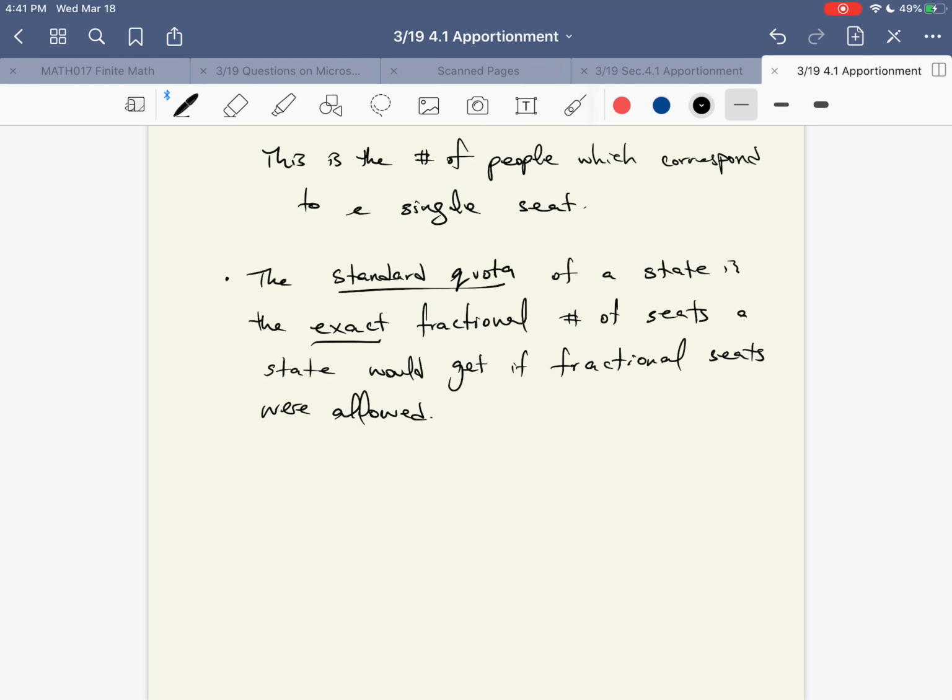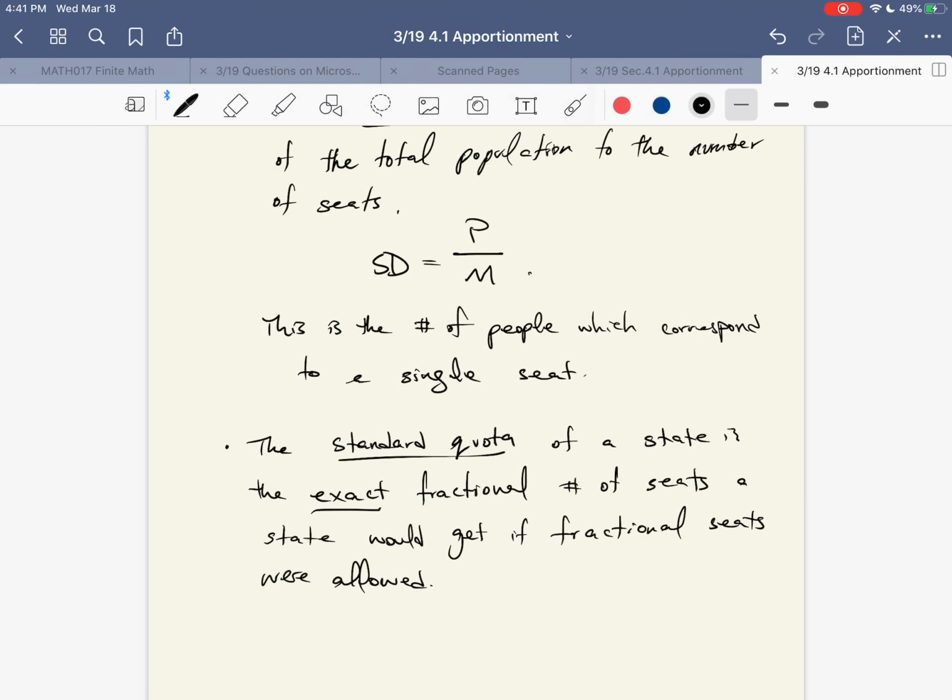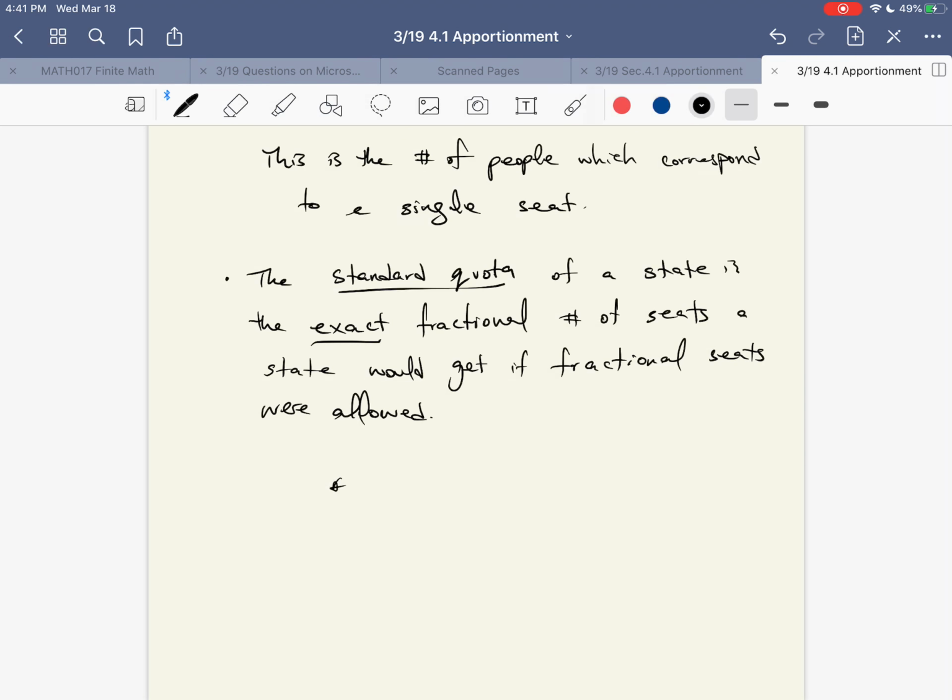Good. So let's represent that standard quota mathematically like we did the standard divisor. Here the standard quota is going to be represented by a little q sub i for state i, which is going to be the population of that state divided by the standard divisor.